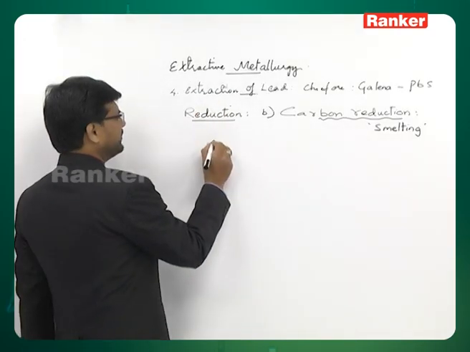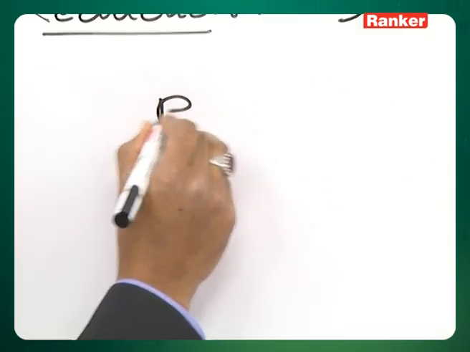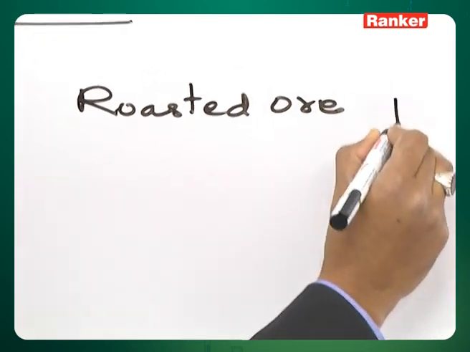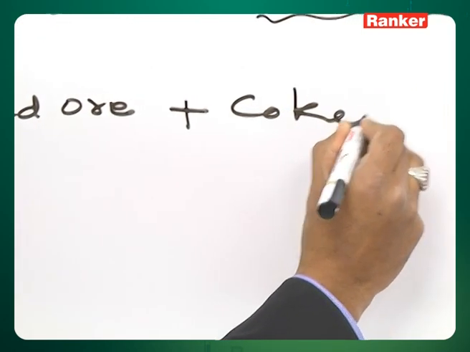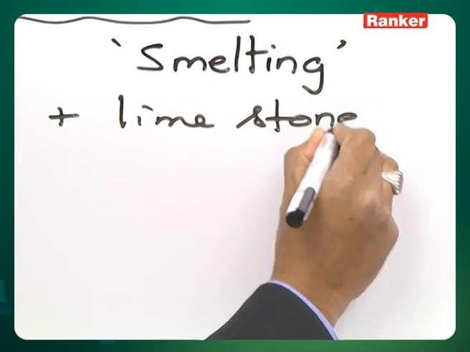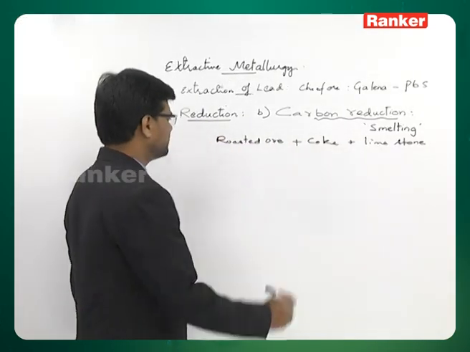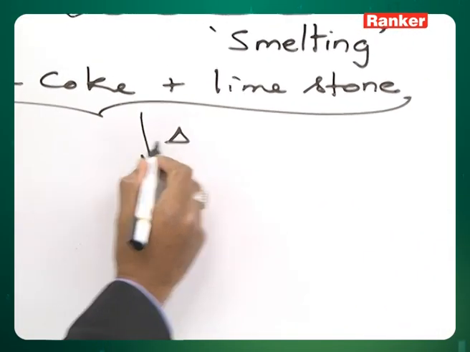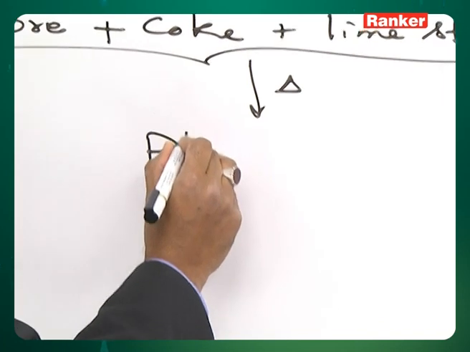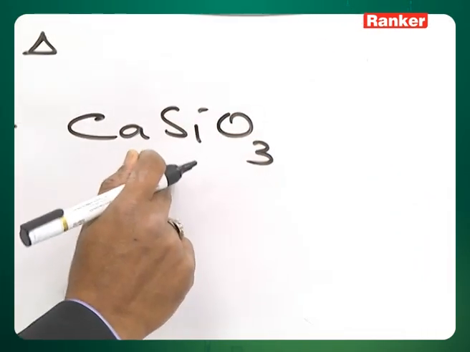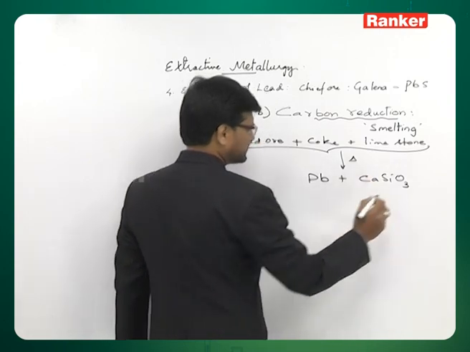Here we take roasted ore, we mix it with coke and limestone, and this mixture is heated and we get Pb plus CaSiO3. This is slag.